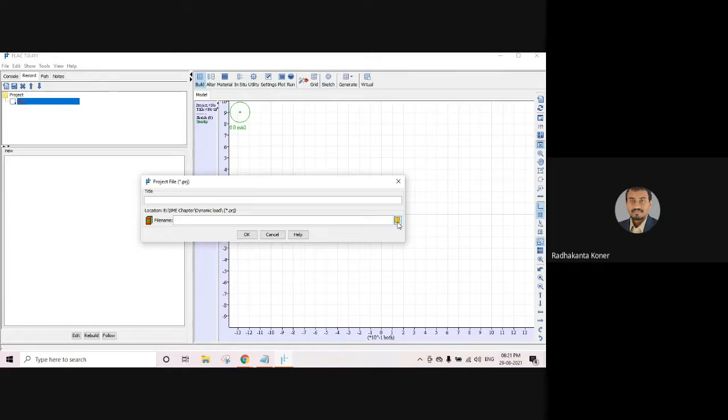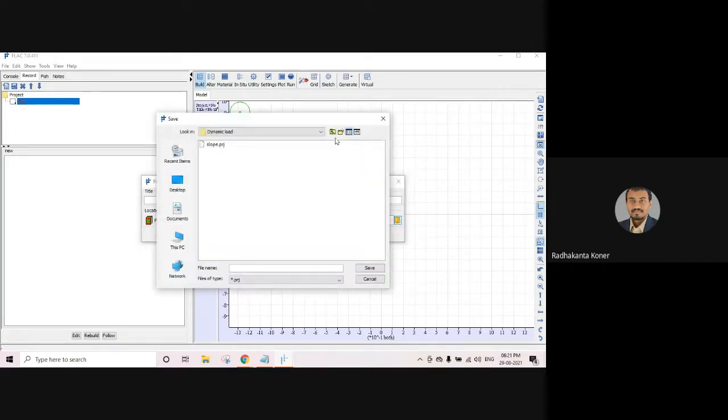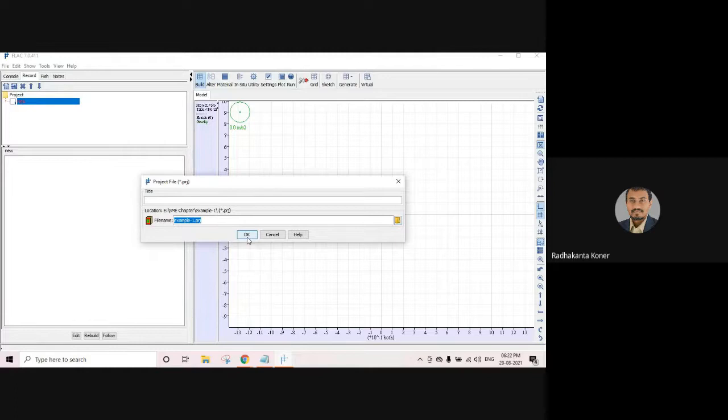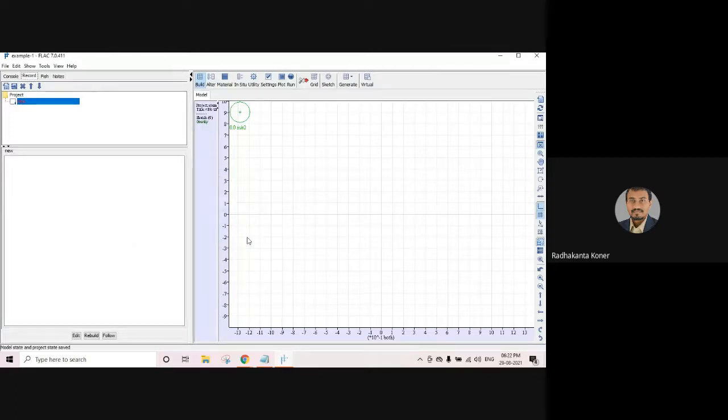So here the file name comes first, so we have to give the file name. Once we give the file name, our window is ready for doing the program.